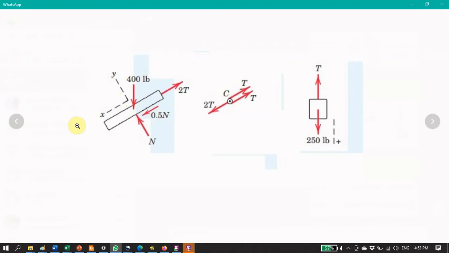The x and y are normal to the ramp surface. And for the concrete block, you can find that the coordinate system will be different compared to the log.